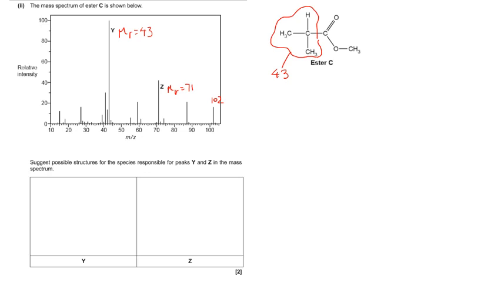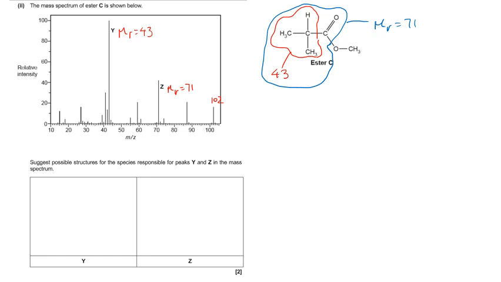And the difference between 43 and 71 is 28, right? And we've got 28, the carbon and oxygen is 28, all right? So if we imagined this bit of the molecule here, the Mr of that is 71.